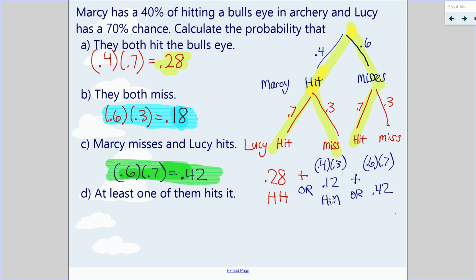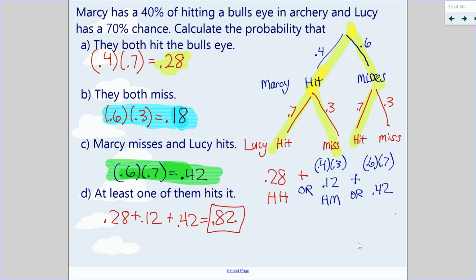So if we added all those up, so it's 0.28 plus 0.12 plus 0.42, that is 0.82. So 82% chance that at least one of them hits it. And again, it's or, because you can't do all of these, or two of these, it's or.